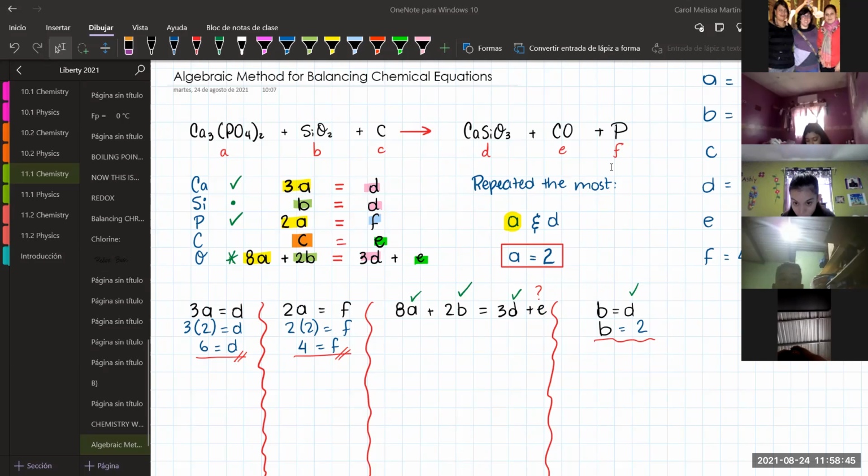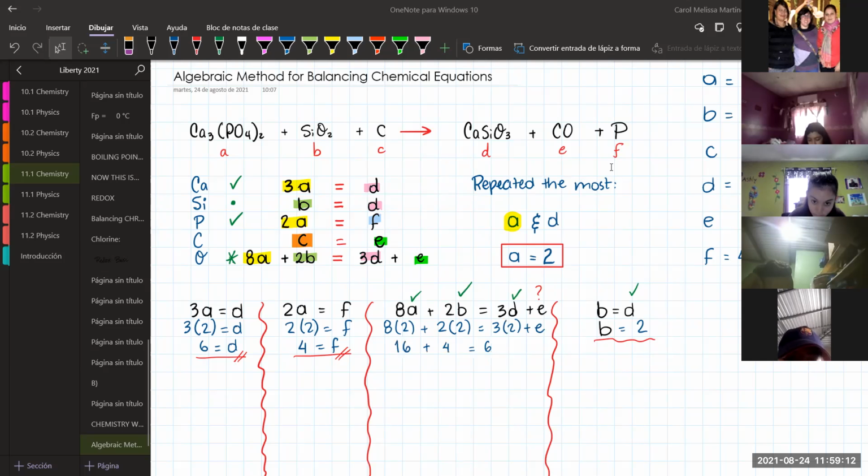So now I'm going to use the prior equation to find E. So I say 8A, which is 2, plus 2B, B which is also 2, is equal to 3D, D which is also 2, plus E. This is 16, this is 4, this is 6, plus E. To get rid of this 6 and leave E alone, I will subtract 6 in the two sides of the equation.